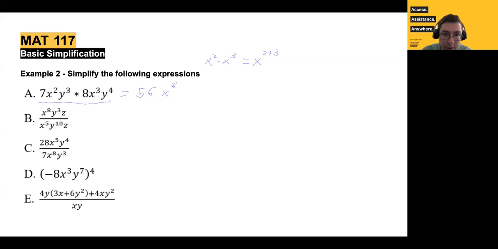I can write that better. Then with the y, y to the 3rd times y to the 4th is y to the 7th. Sometimes my tablet does stuff. And then that's all we can do to simplify. What's the word for it?